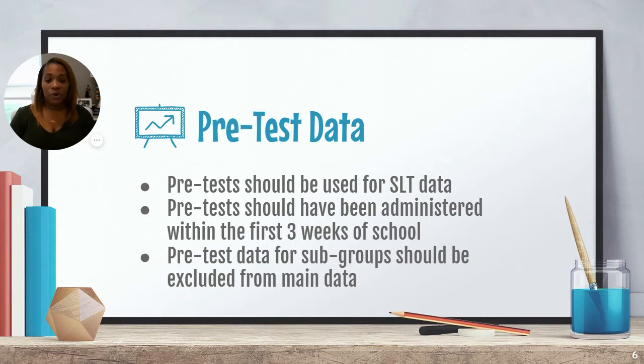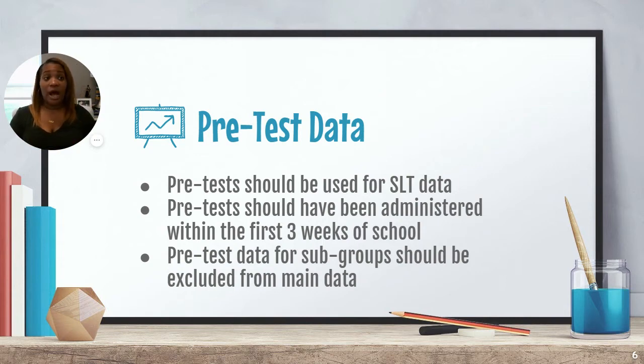All right, pretest data for subgroups should be excluded from the main data. So when you are doing your pretest and you're looking at the data that you've collected, you'll have those subgroups that you're going to pull out, and we'll discuss subgroups a little more later. But those subgroups' data should be pulled away from your main data. So if you are doing ESS as a subgroup, your main group is going to be the kids that are not ESS.